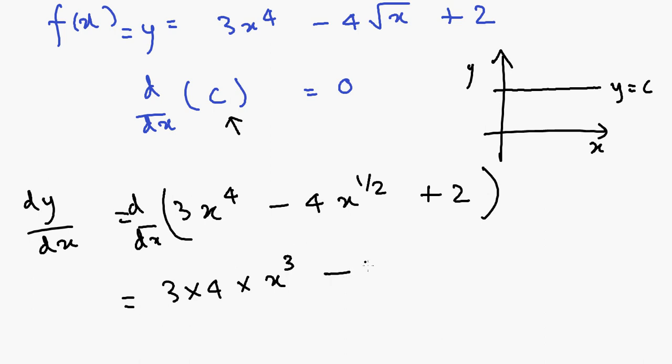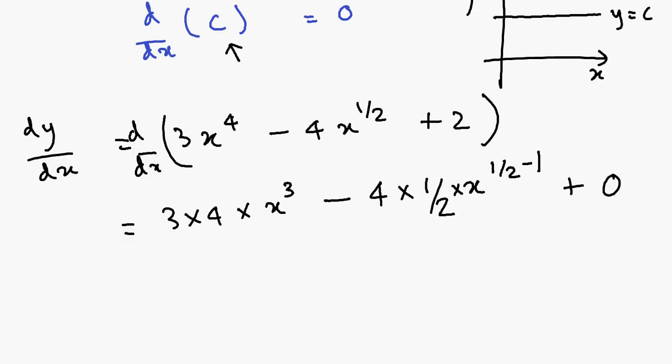Now the tricky next part, 4 times half, the power is half, times x to the power half minus 1. And the third term, since it's a differentiation of a constant, I'm just differentiating 2, 0.